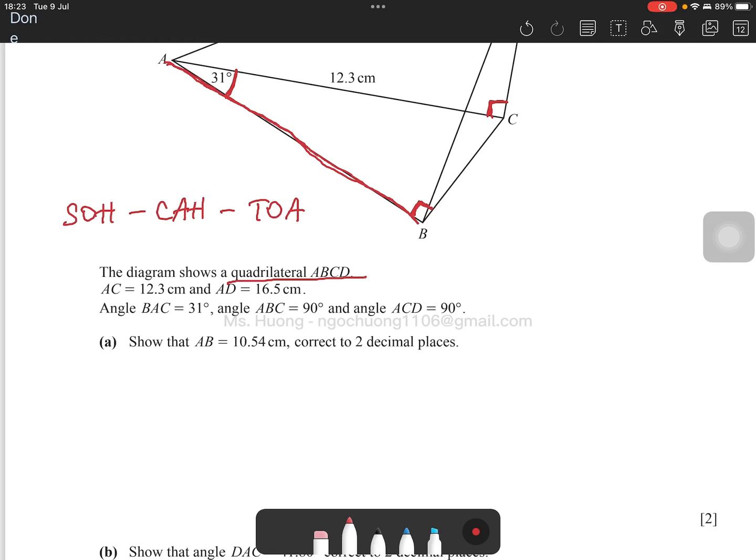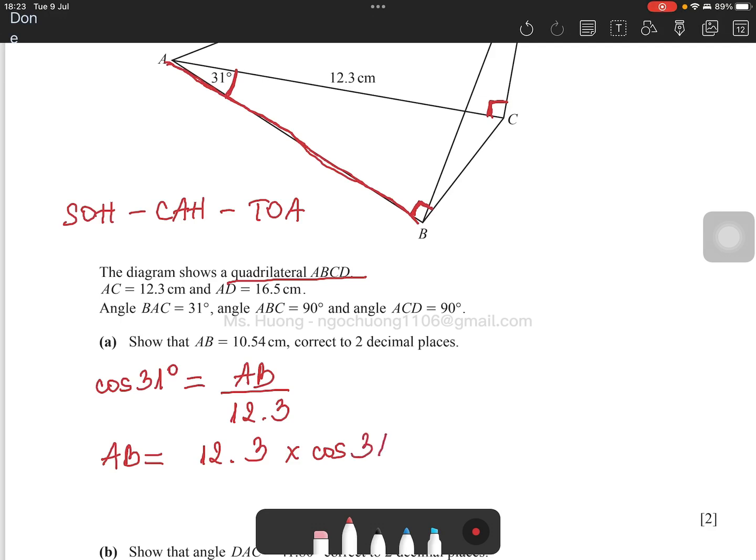So if we have the adjacent and hypotenuse, then we should use CAH. Cos 31 degrees is equal to AB over AC. AC is 12.3. So we can find the value of AB by multiplying 12.3 by cos 31 degrees. And the answer is 10.543, which is 10.54, correct to 2 decimal places.